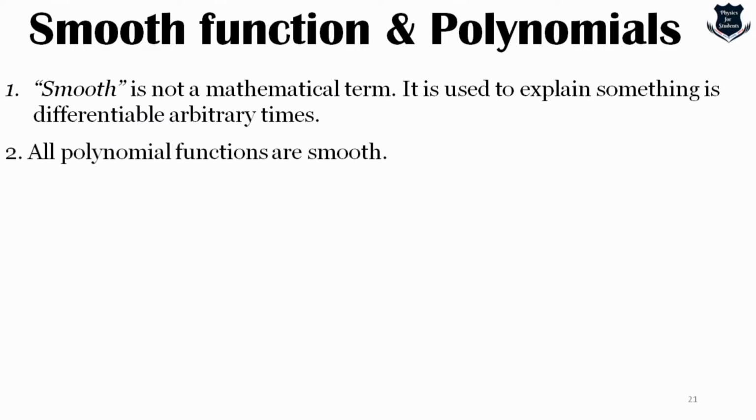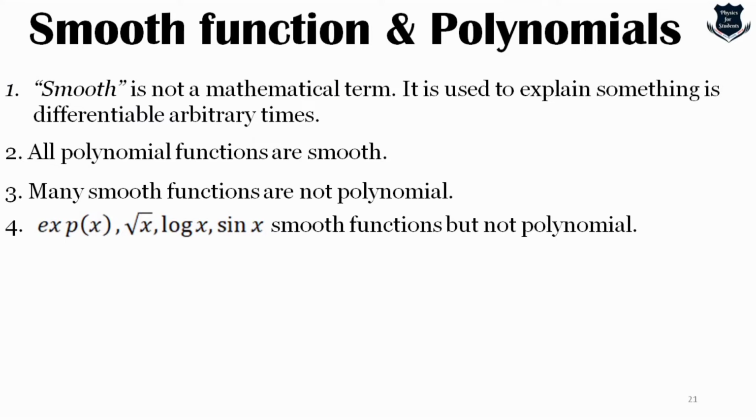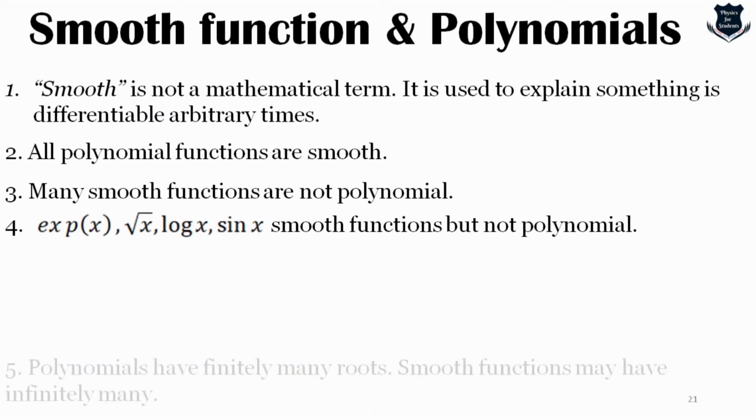Point number 2, which is very important, is that all polynomial functions are smooth. Third, many smooth functions are not polynomial. This is also important. Functions like exponential, root x, and log are examples of smooth functions, but they are not polynomial.